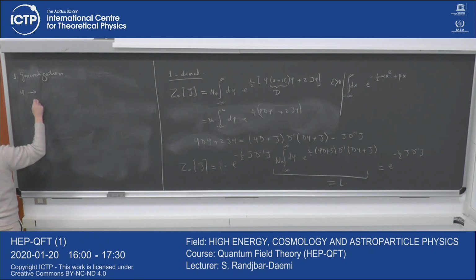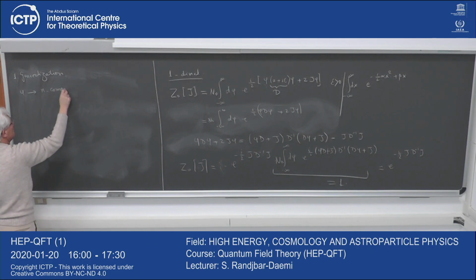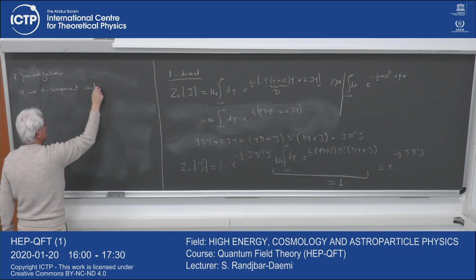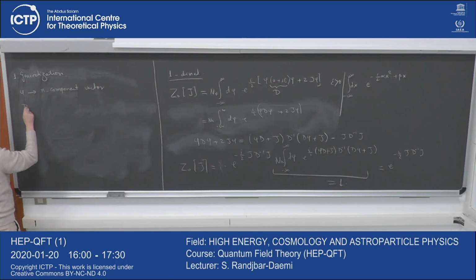Send phi to a vector, n-component vector. This is both phi and j.